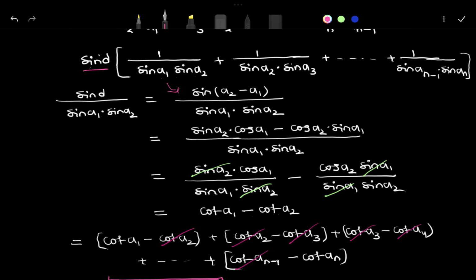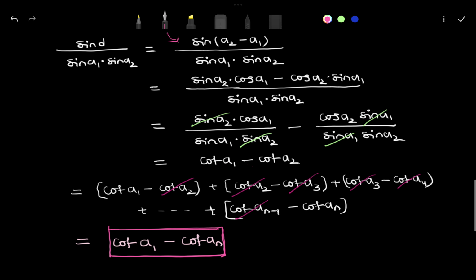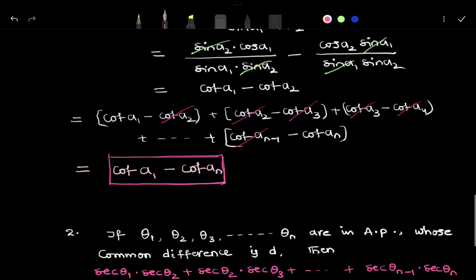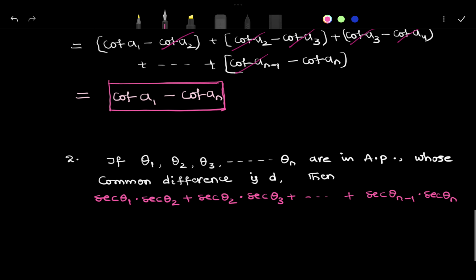The second term will be cot a2 minus cot a3, the third term cot a3 minus cot a4, and the last term cot an minus 1 minus cot an. After cancelling the same terms, the final result is cot of a1 minus cot of an.